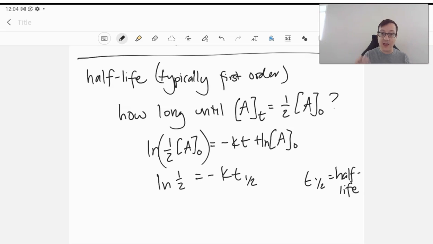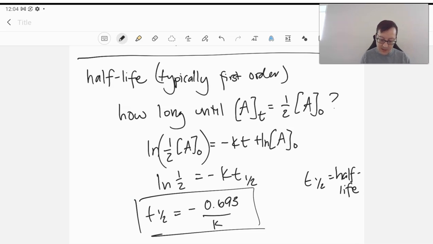If we rearrange this, we see that our half-life is equal to negative 0.693, which is the natural log of 1/2, over k. And we can use this, again for first-order kinetics, to solve things.